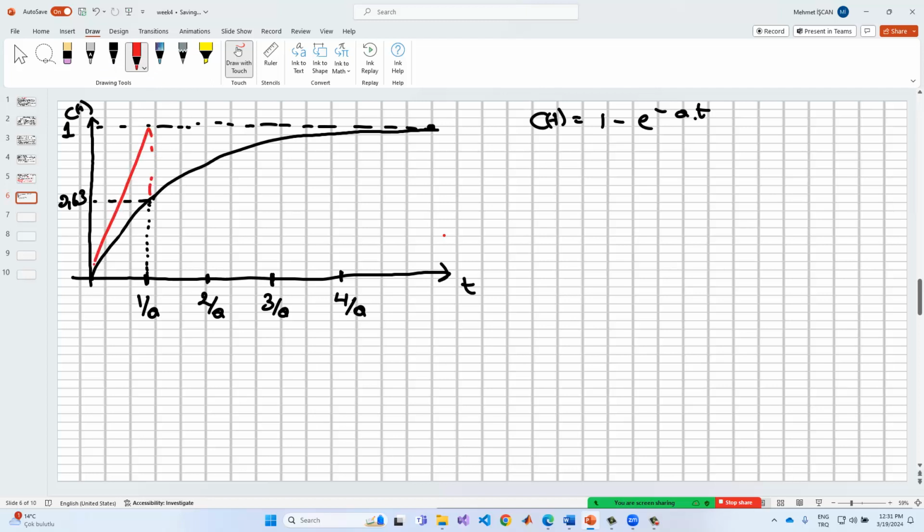We can draw a line just like this. This is the initial slope, and it is equal to 1 divided by tau, where tau is 1 divided by a. Tau is the time constant.